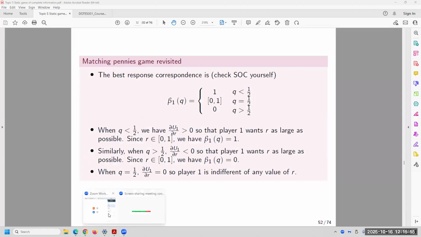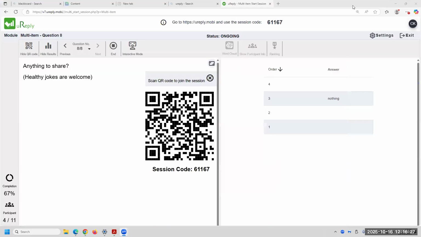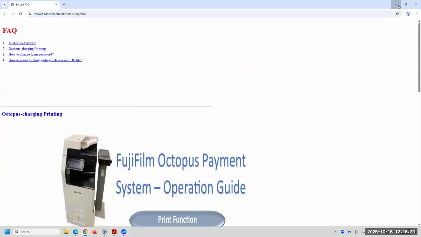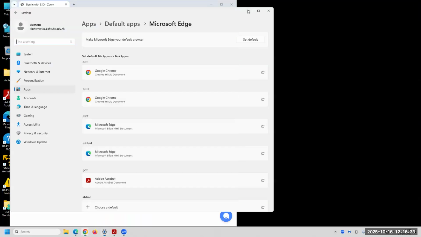I don't know if she wants to use the screen or not. Okay. Let me share the screen view. Oh no. So again, it's optional. If you're busy and want to do something, you don't have to remain.